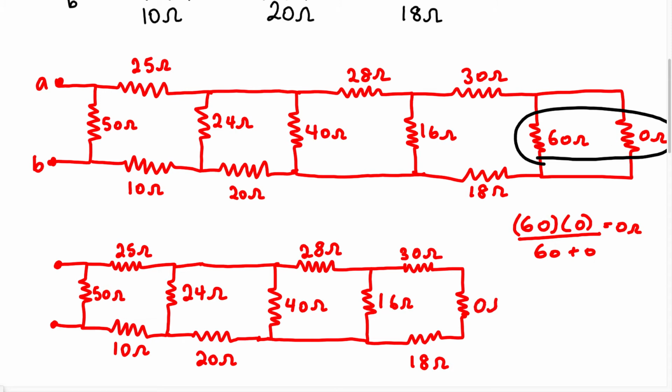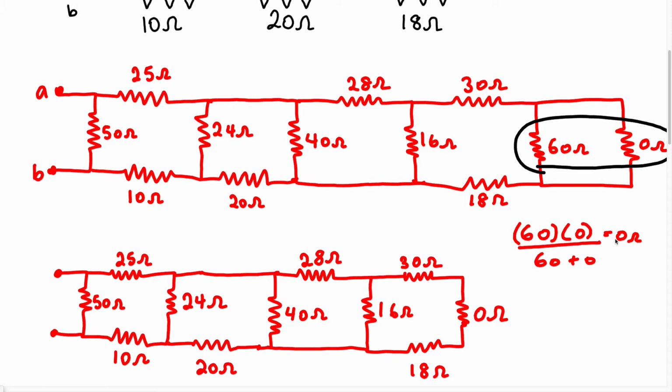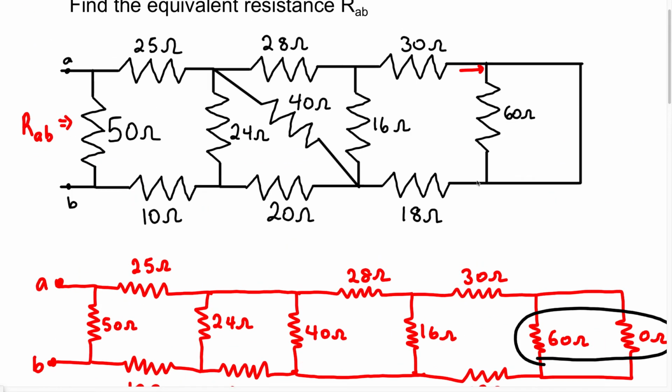So once again, if you were able to look at this circuit and intuitively understand what is happening, you know that current will always flow through the path of least resistance. Therefore, when the current enters this node, because there is no resistor in this branch, the current will not flow through this resistor at all.